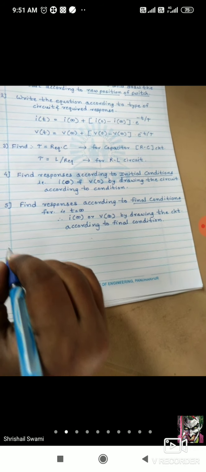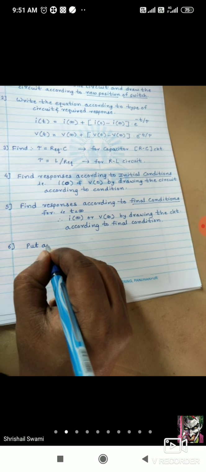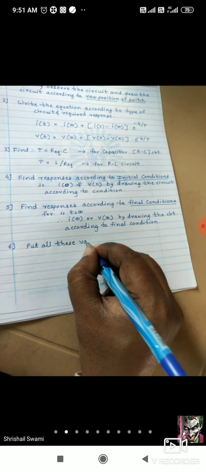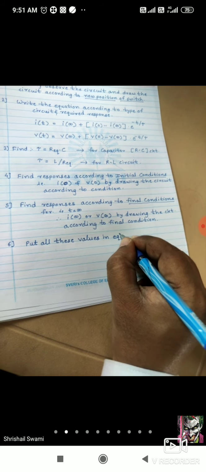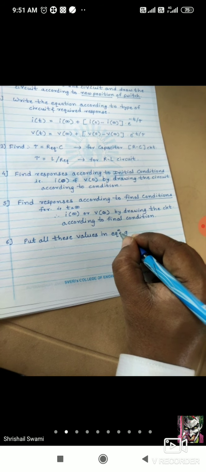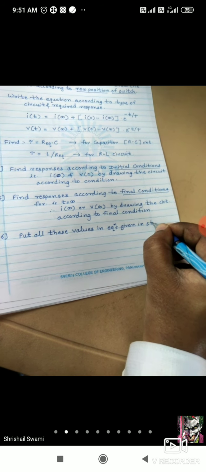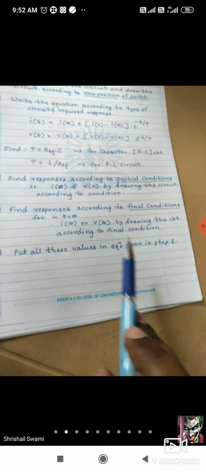Okay, now next sixth step, that will be the last step. Put all these values in equations given in step 2.